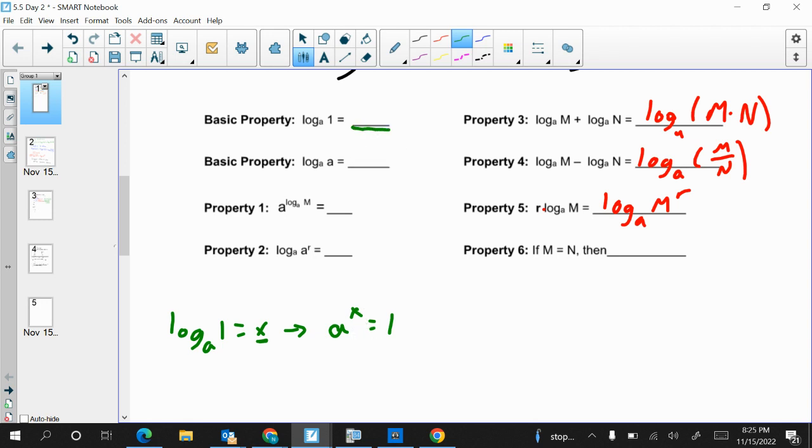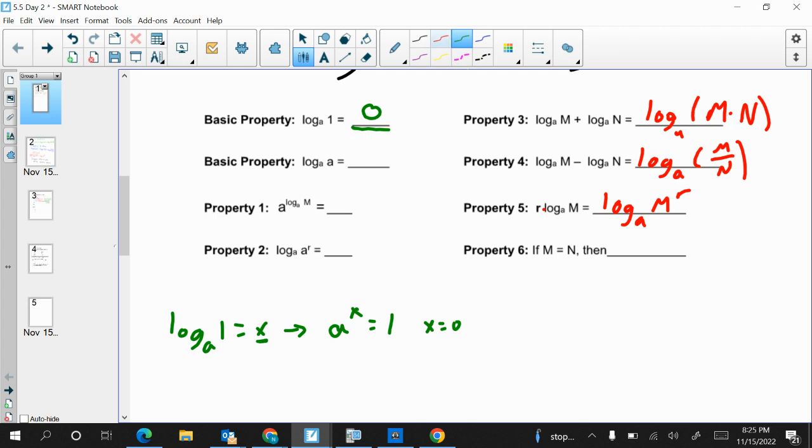So my x has to be, well, anything to the 0 power is always 1. So x is 0. So if it's log base anything of 1, it's always just going to be 0. Similar to thinking like any exponent to the 0 power is 1. Kind of similar idea there.